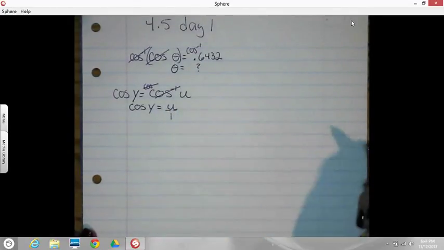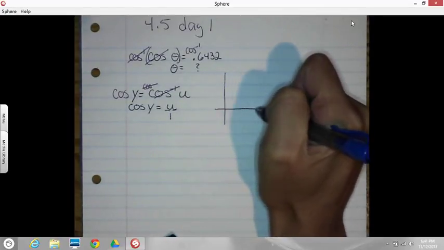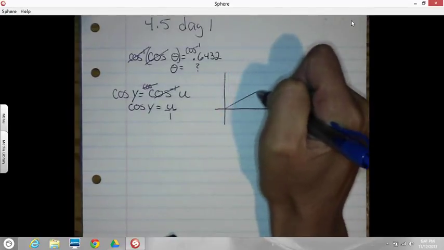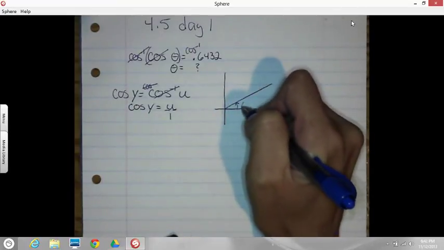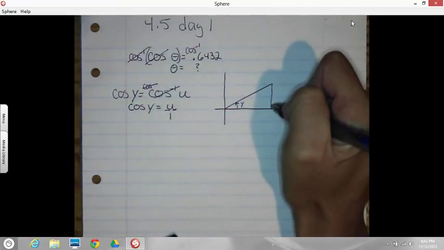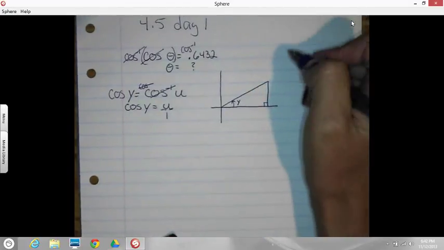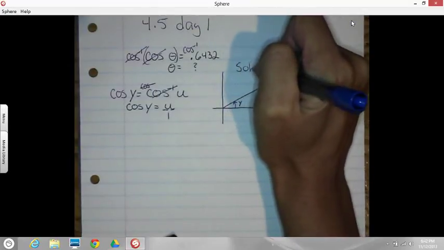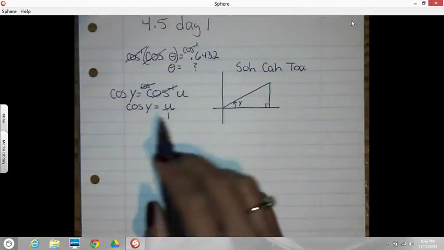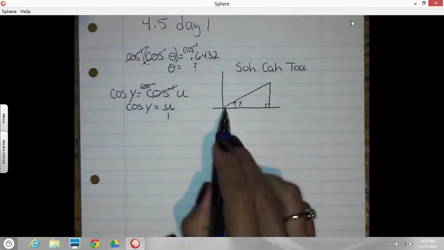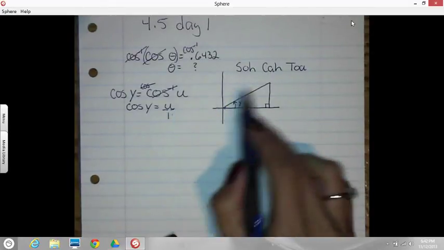Now at this point, you're going to want to sketch a triangle in quadrant 1 where the angle is represented by the y. And because we know the cosine ratio is u over 1, and remembering your SOHCAHTOA, because cosine is u over 1, I now know if I'm standing at y that the adjacent side is the u and the hypotenuse is the 1.